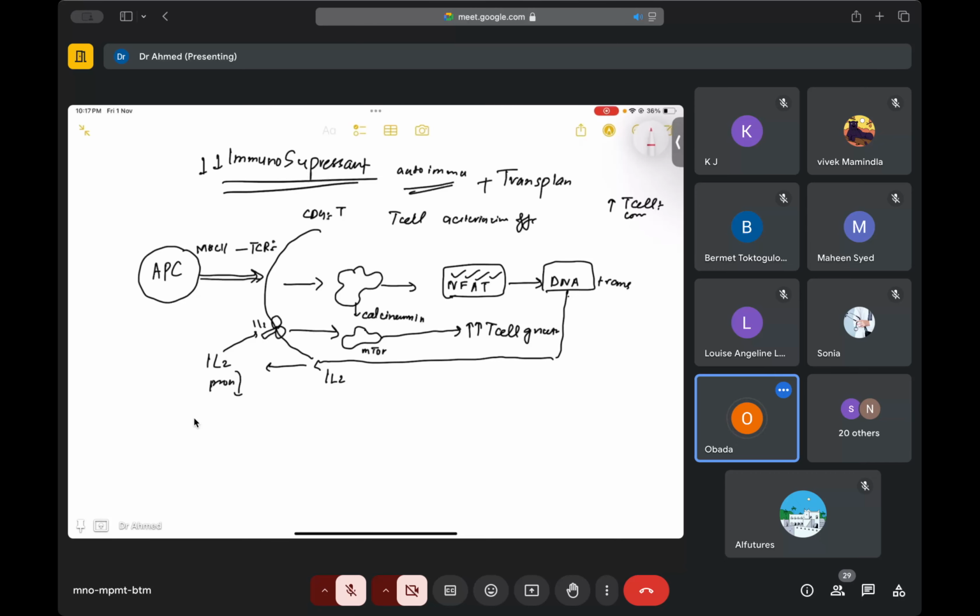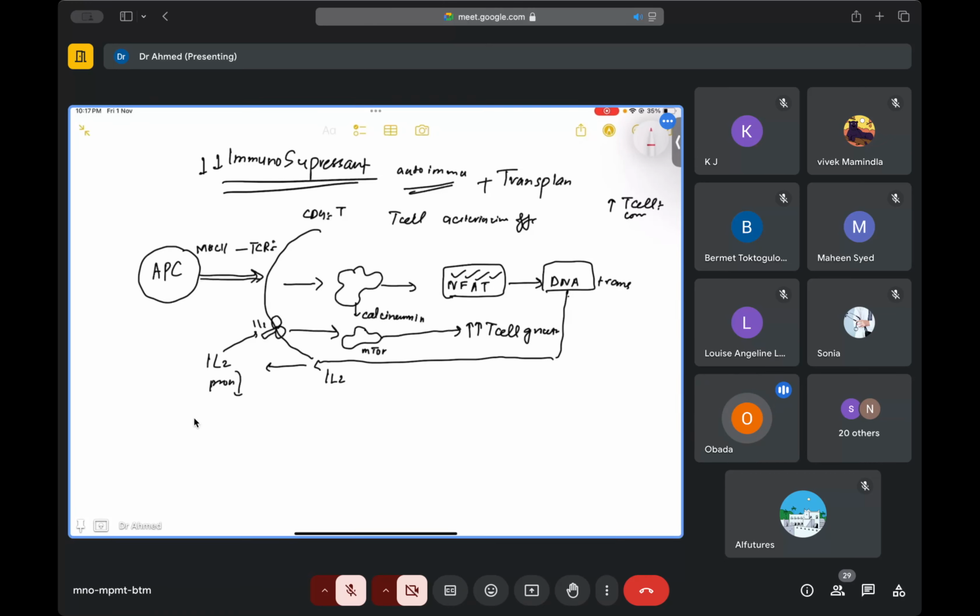Calcineurin will bind with NFAT, nuclear factor of activated T cells. Then it will cause DNA transcription that will release IL-2, a pro-inflammatory cytokine. IL-2 has a feature that it can auto-activate the T cells itself.